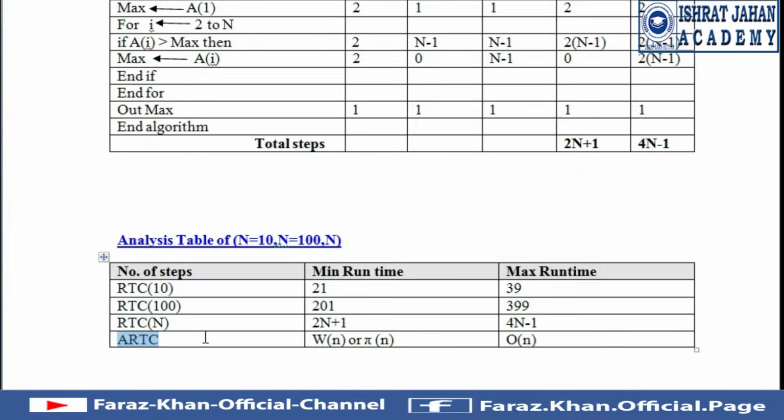For n, the asymptotic runtime complexity would be omega n in minimum and O n in maximum. So here is the analysis table of all three algorithms.